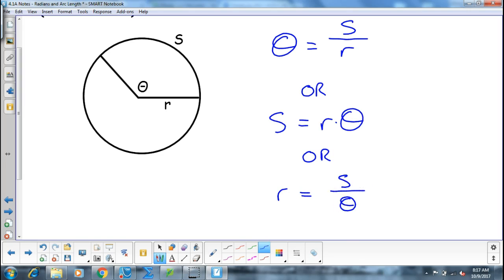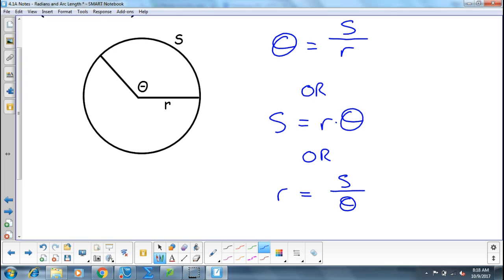Okay. Probably your easiest one to remember is the middle one. Your arc length is equal to the radius times theta, and theta has to be in radians. That's the kicker. Theta has to be in radians. Is that true for all of those? Yep, all three of those, because they're all the same formula.